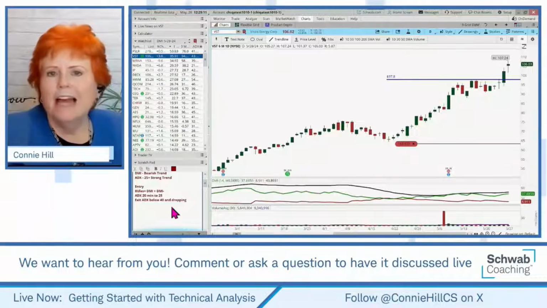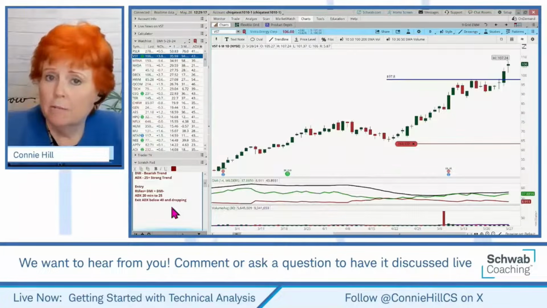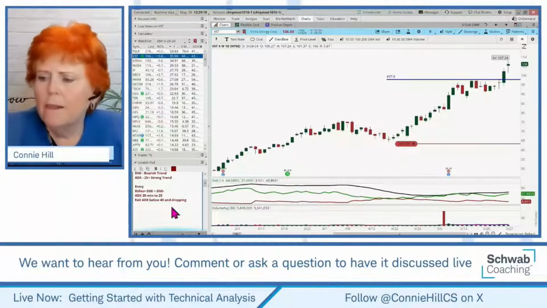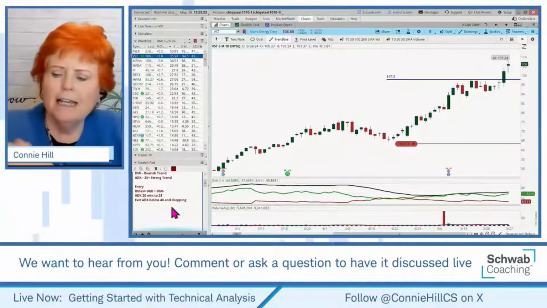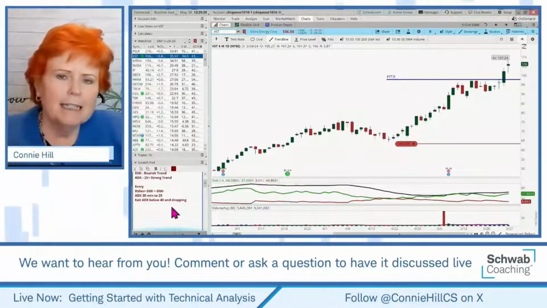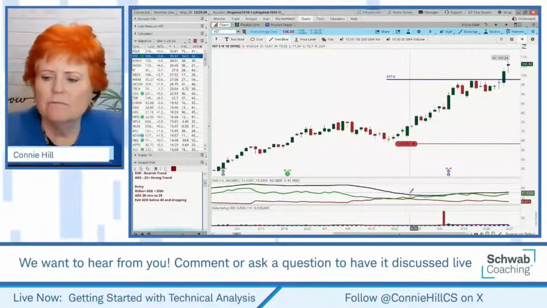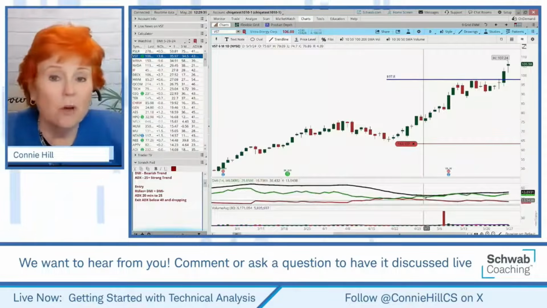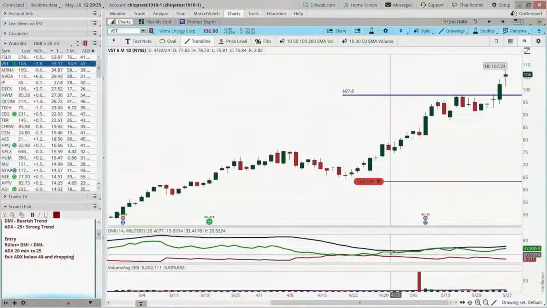At that time, one thing we may notice is that maybe the DI negative starts to become the stronger trend. That's possible. Sometimes when it is reversing trend, one thing we're going to find is that the ADX line just kind of floats around here, below 20, and it's really not until it gets above 20 that there's a concern.